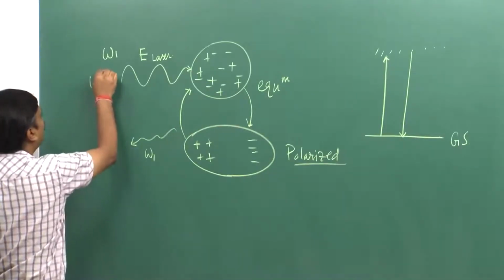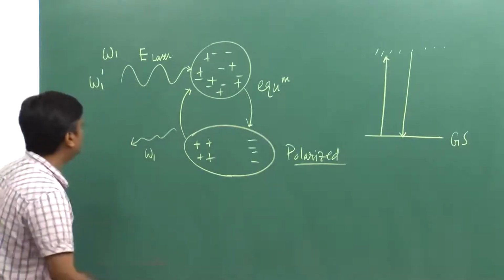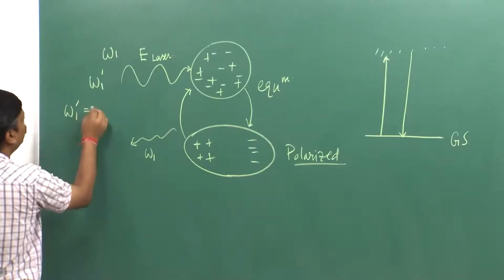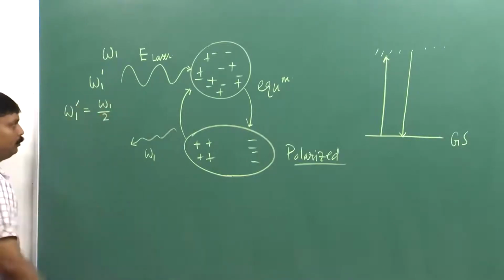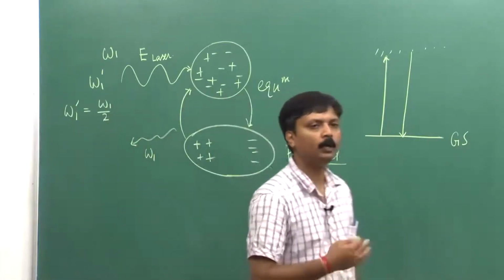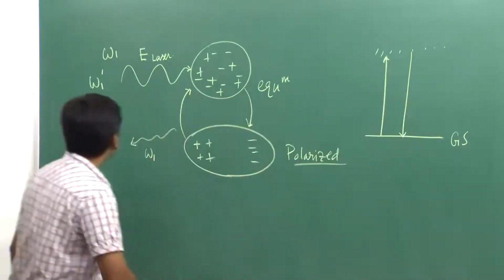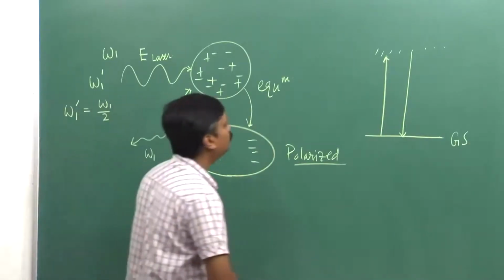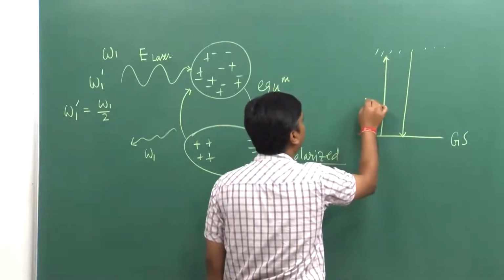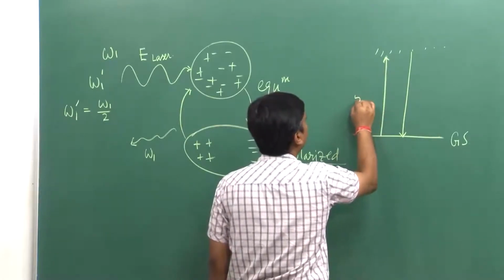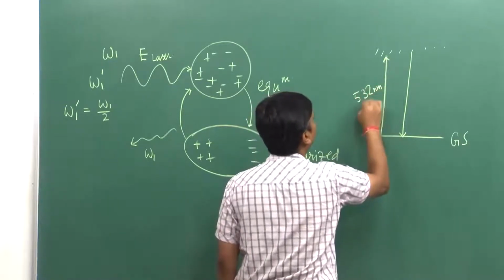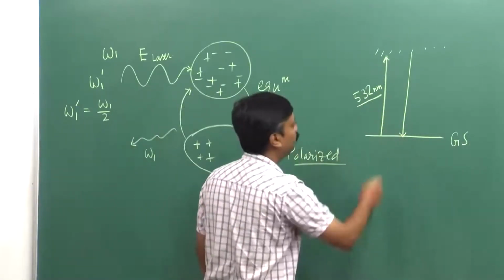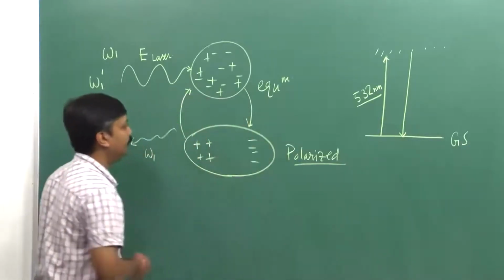Now, if my intensity is very high, suppose I come with a frequency omega 1 prime, such that omega 1 prime is equal to omega 1 by 2. Just for simplicity, I could take omega 2, omega 3, it does not matter. Suppose this one was 532 nanometer light, a good choice, it is a green color, and I get back my 532 nanometer light in terms of linear scattering or Rayleigh scattering.